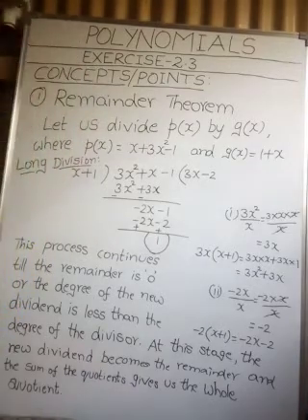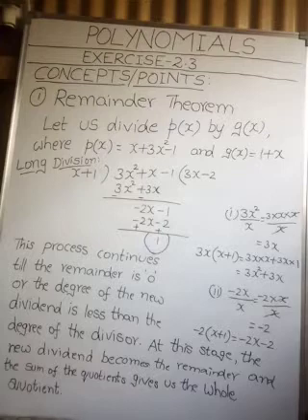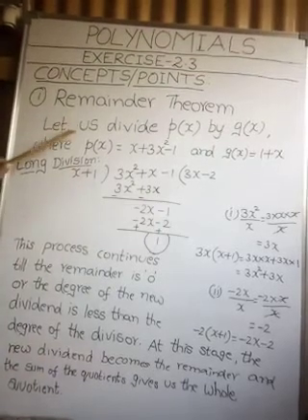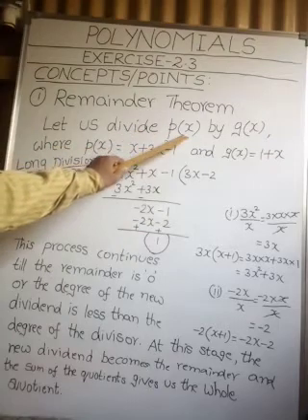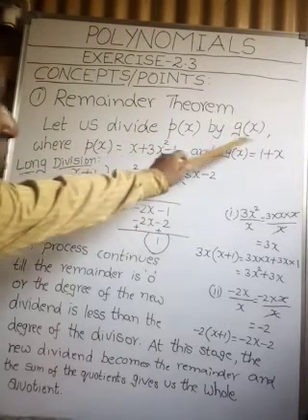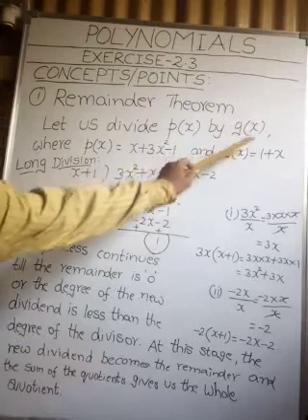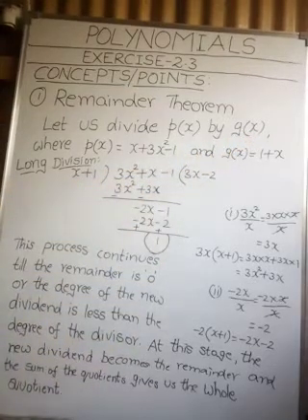How to divide a polynomial by a non-zero polynomial. Okay, my dear children? See here, let us divide p(x) by g(x). Here p(x) and g(x) are two polynomials in x.